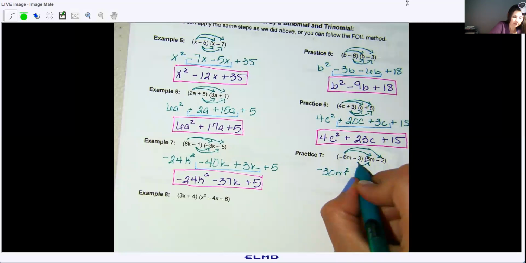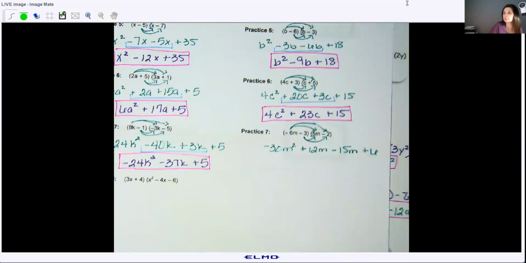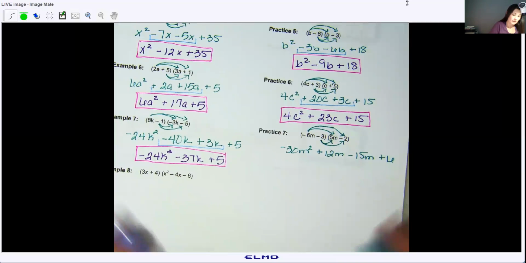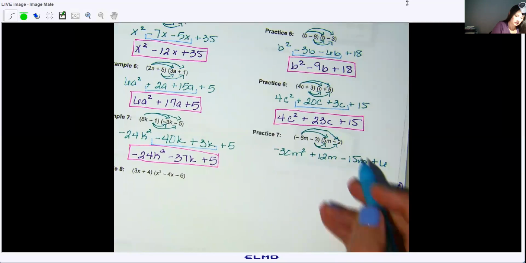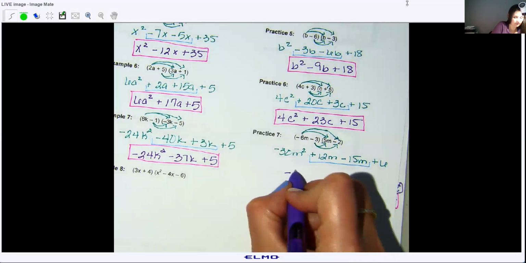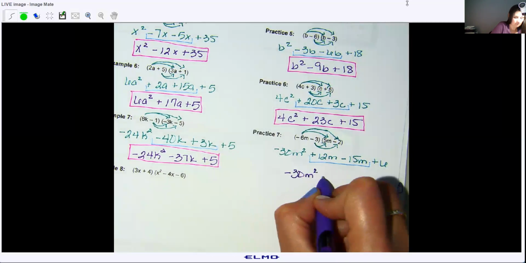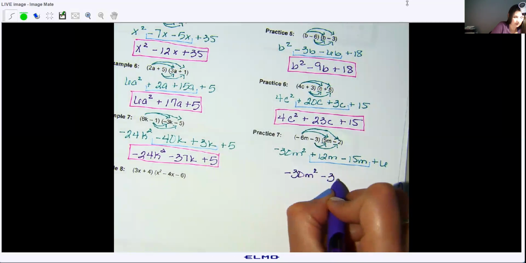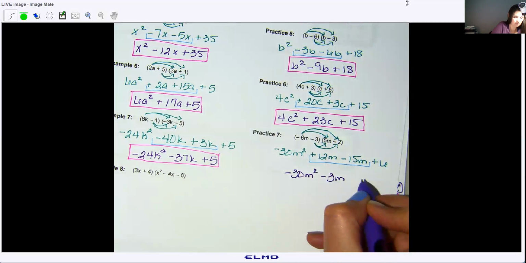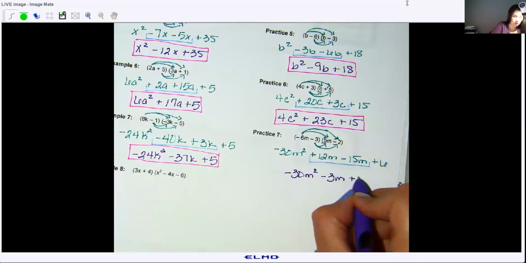And negative 3 times a negative 2 is plus 6. Okay. All right, and these two can combine together so that we end up with negative 30m squared minus 3m plus 6. Okay, let me make sure I didn't mess up.